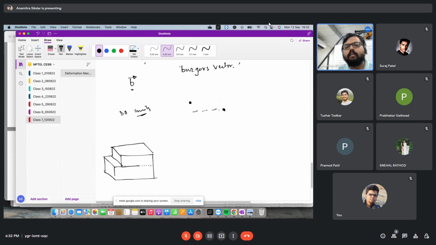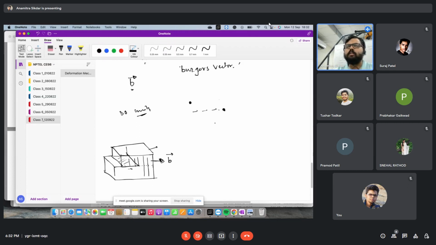After that there is no slip, so the configuration was like before, right? But from here some kind of slip happened along this plane. All right. So there will be one line passing inside the crystal. Along this plane, this upper block slipped. So this upper block moved in this direction, so the direction of the Burgers vector will be this one.